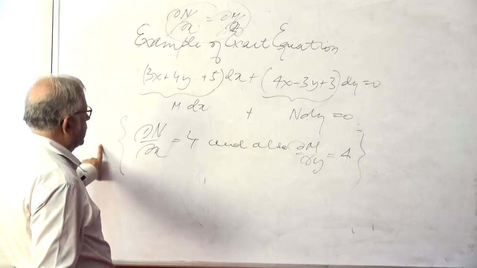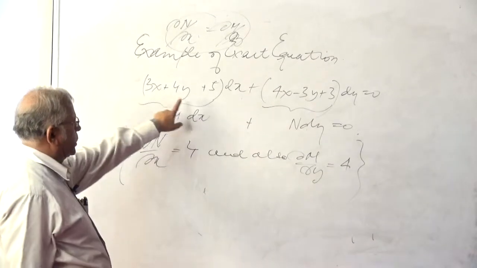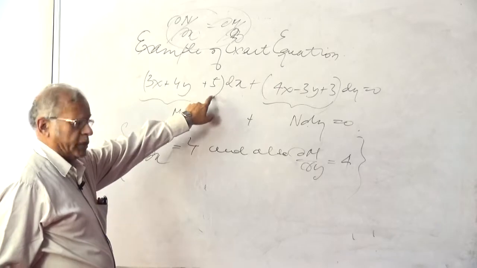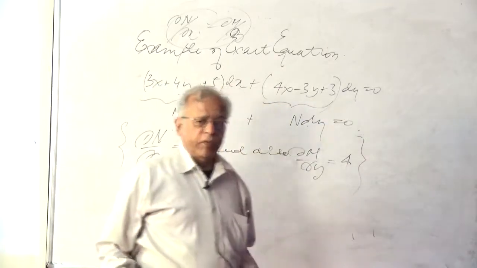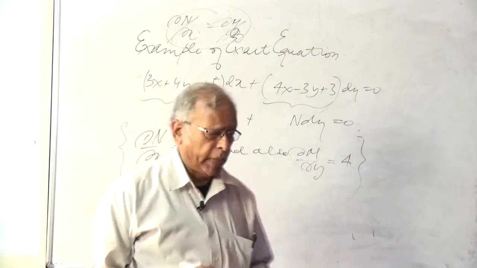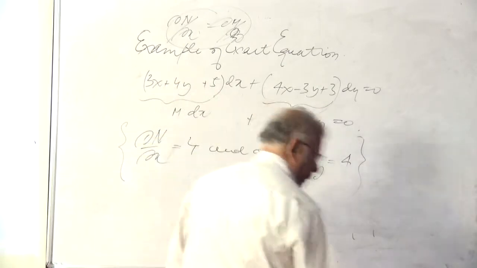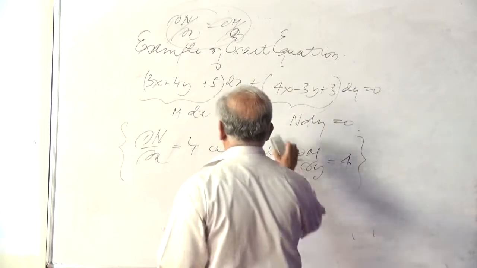So having said that, we will now integrate the equation. First integrate this with respect to x, integrate this with respect to y, and see if there are any terms which are coming or being repeated. Such terms have to be ignored.